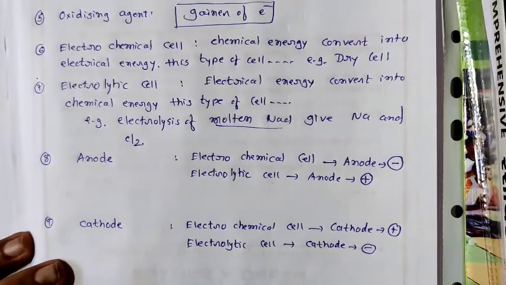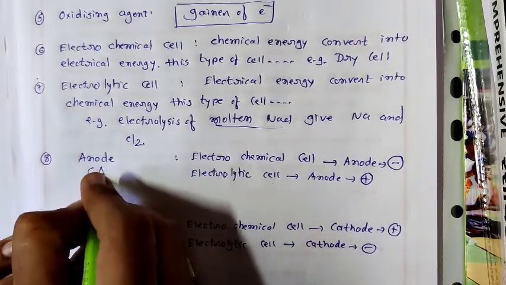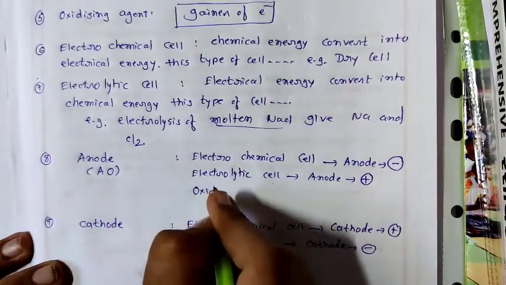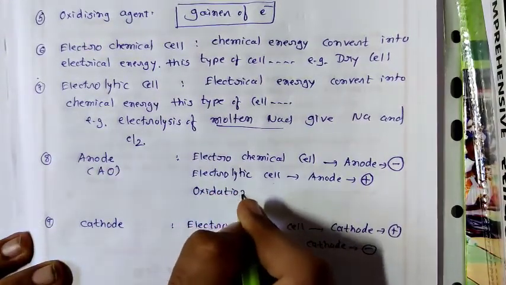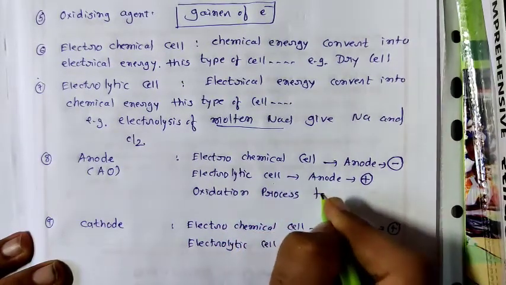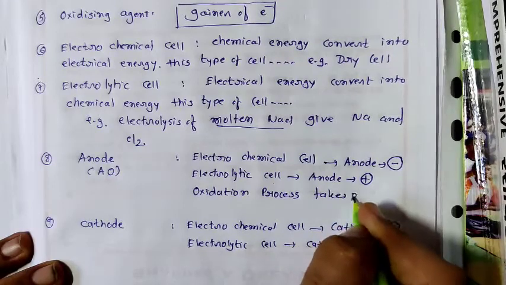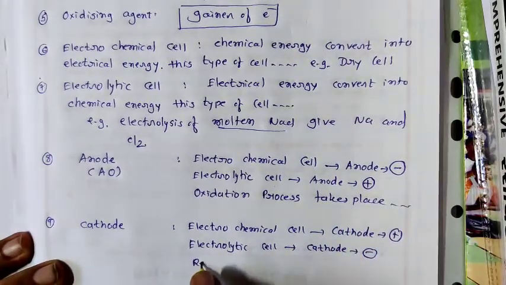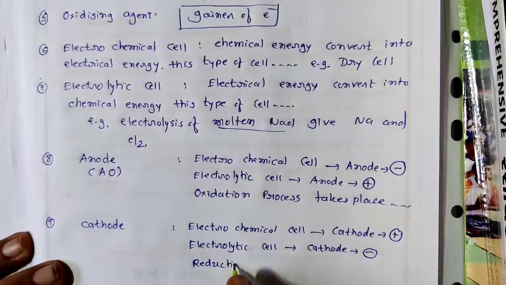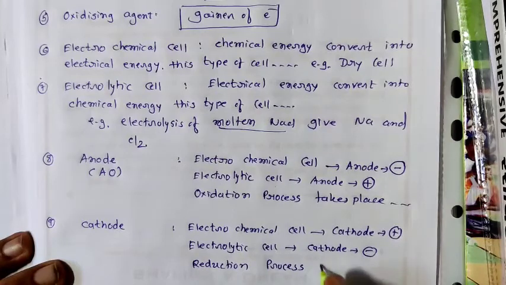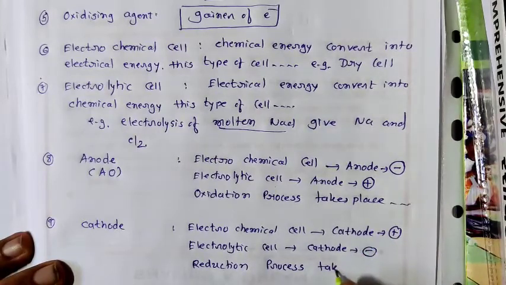But what is the definition of anode? Very simple, just see. AO: the oxidation process takes place. It is anode, AO, while the reduction process takes place at the cathode.